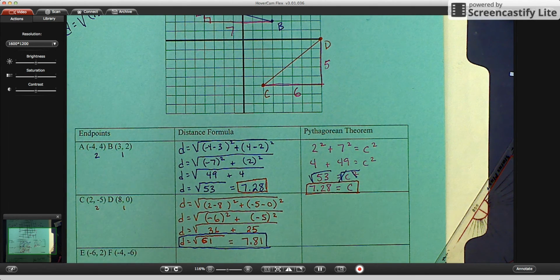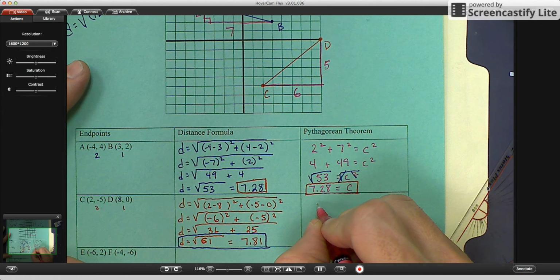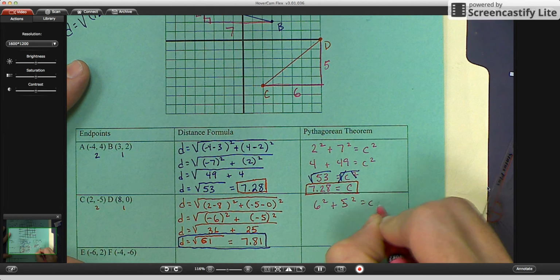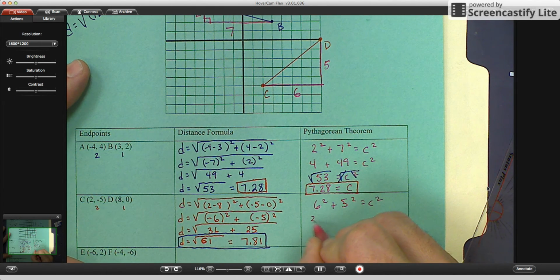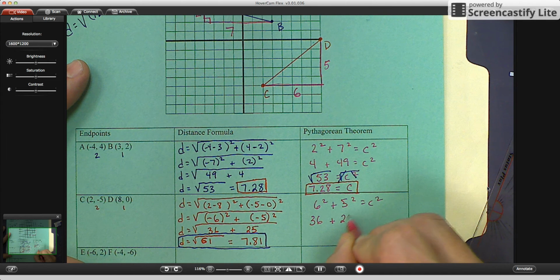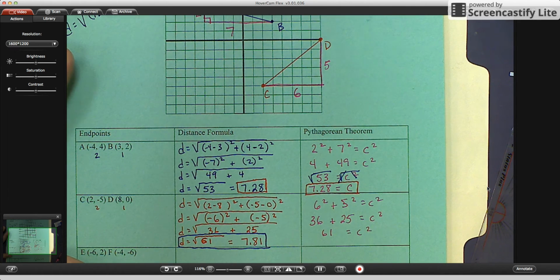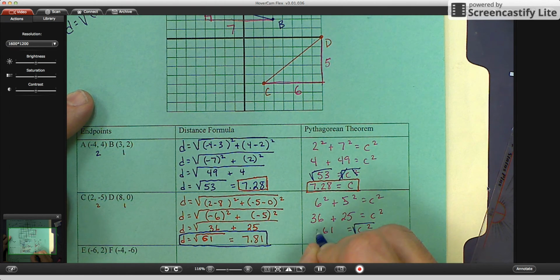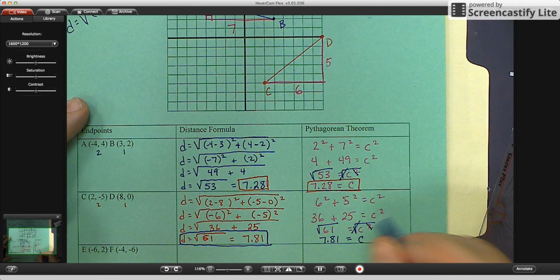And then we plug them into the Pythagorean theorem. 6 squared plus 5 squared equals c squared. 6 squared is 36. 5 squared is 25. 36 plus 25 would be 61. Find the square root. They cancel, and you get c is equal to the square root of 61, which we found out is 7.81.